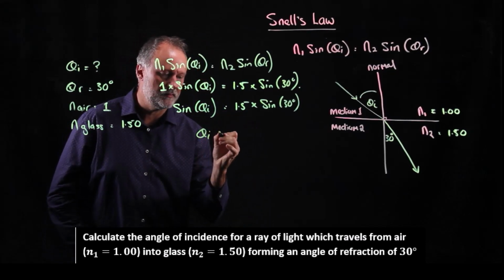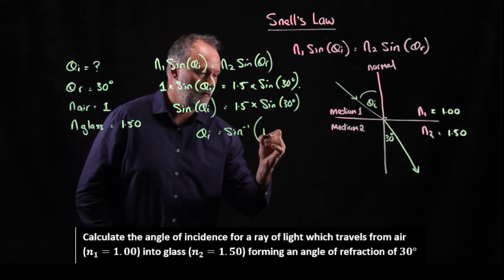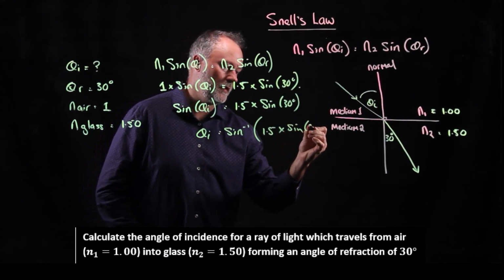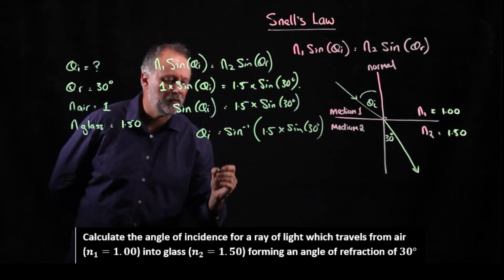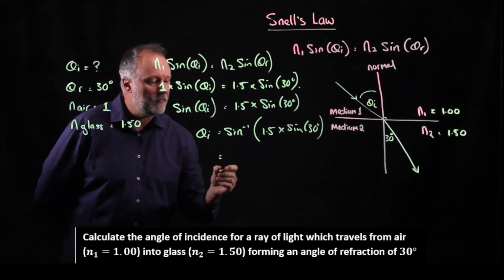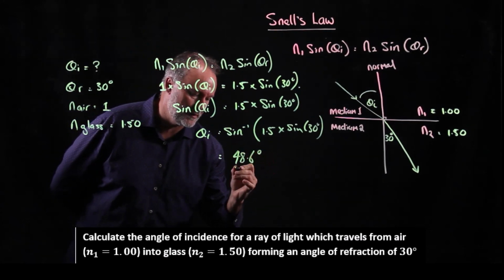So the angle of incidence will be the inverse sine of 1.5 times sine of 30 degrees. Now we get our calculator out, and we're using our calculator in degrees, not radians. That will give me an angle of incidence of 48.6 degrees.